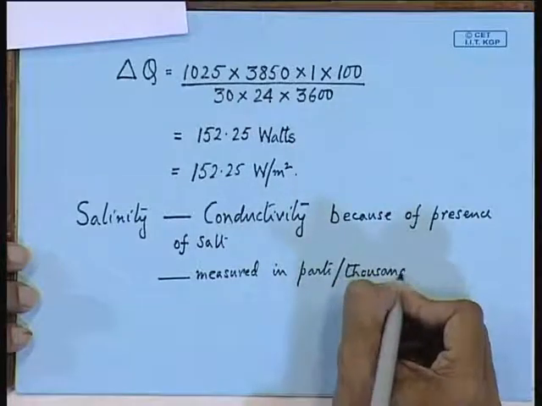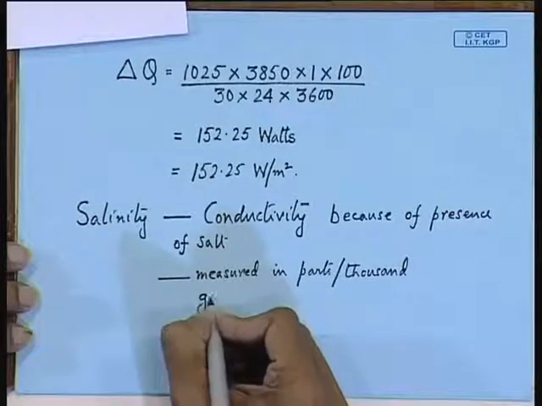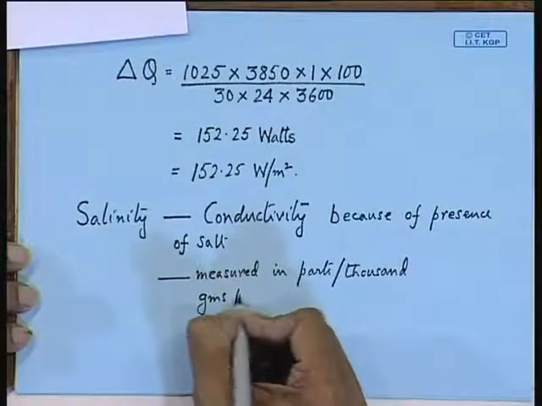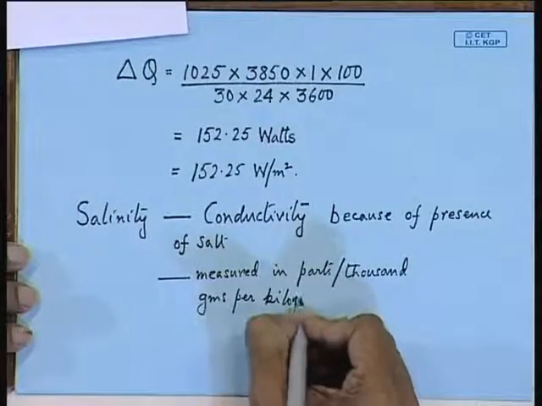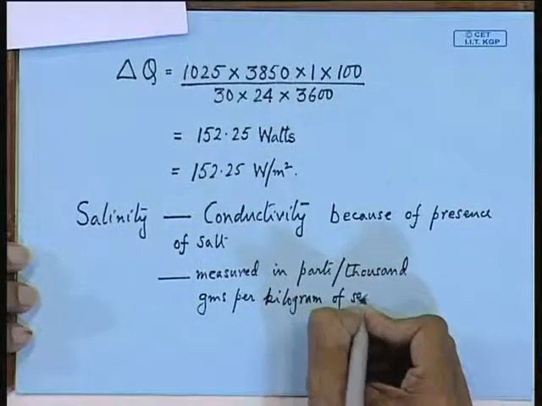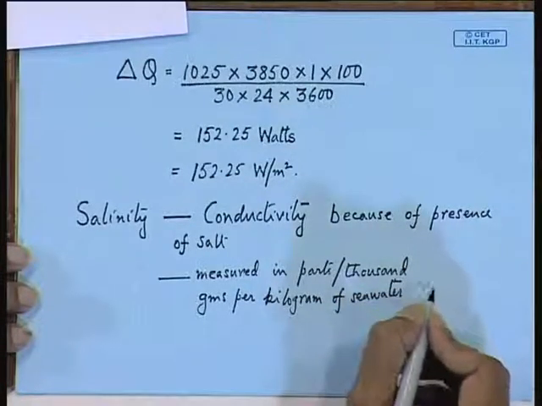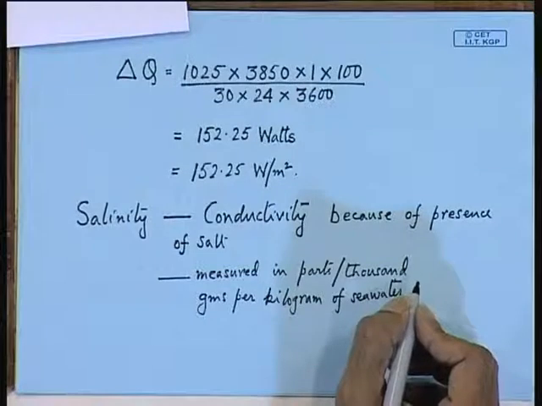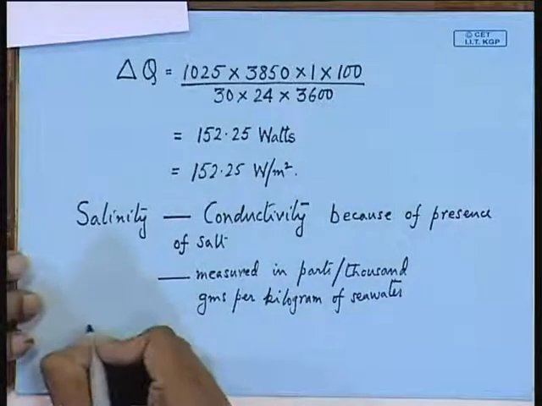Now, on the layman's definition, this is grams per kilogram of seawater. Now, there is a lot of controversy regarding this. So the present tendency is to denote salinity in what is called PSU.